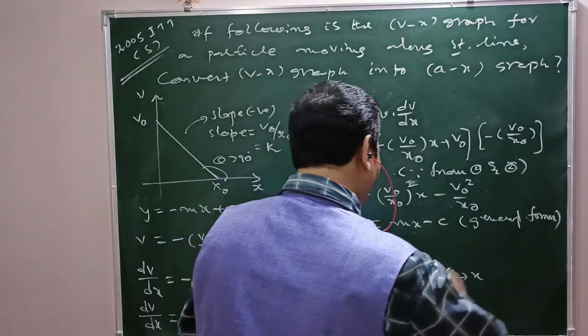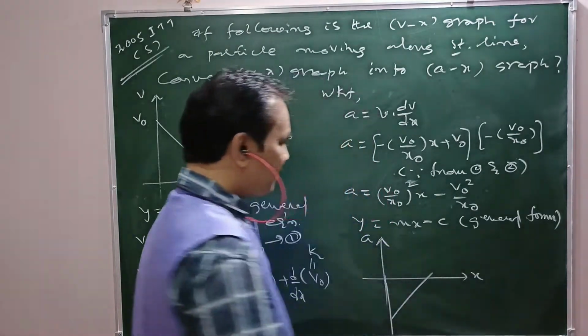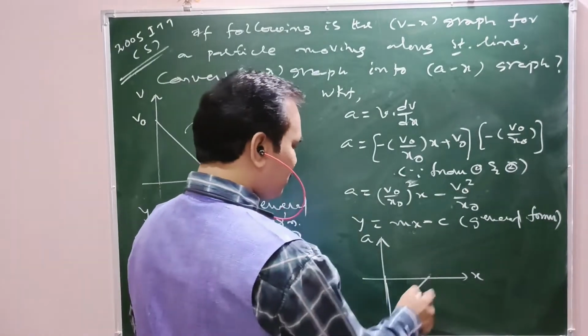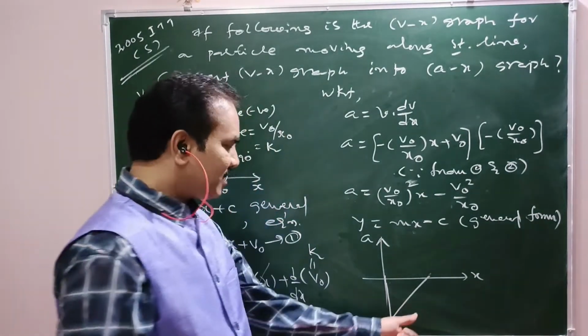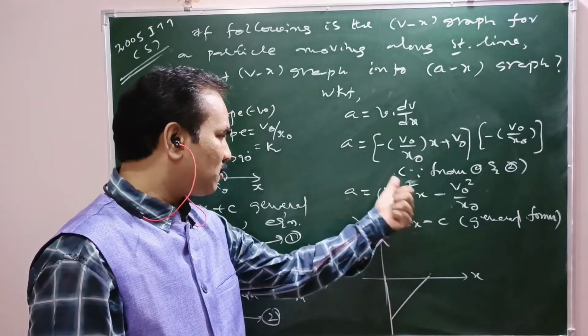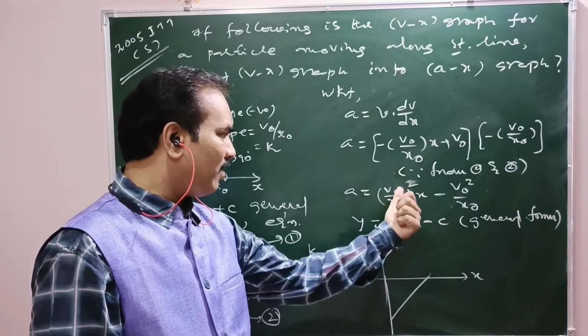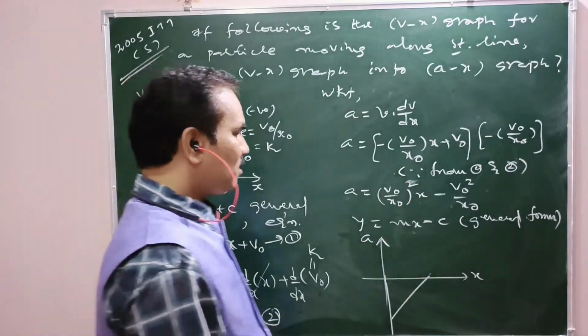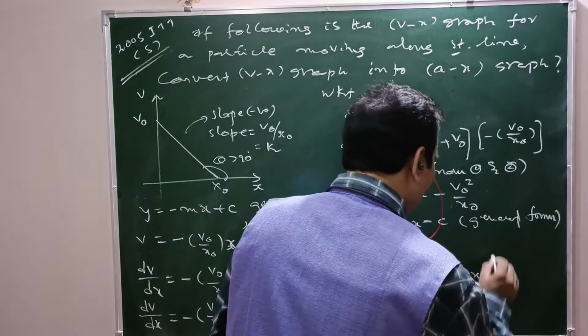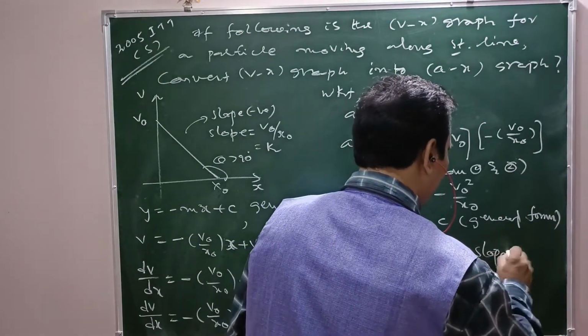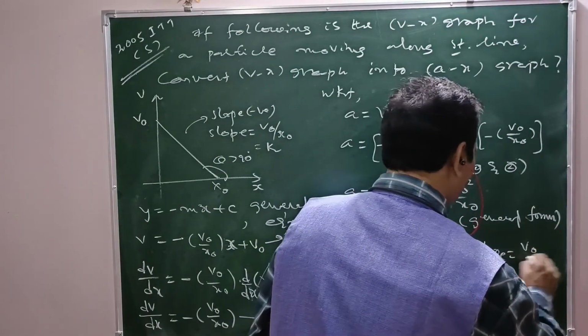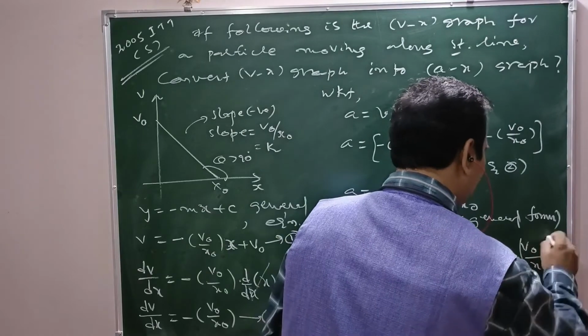So this is the graph. See, slope is positive for this graph. What is that slope? v naught by x naught whole square.